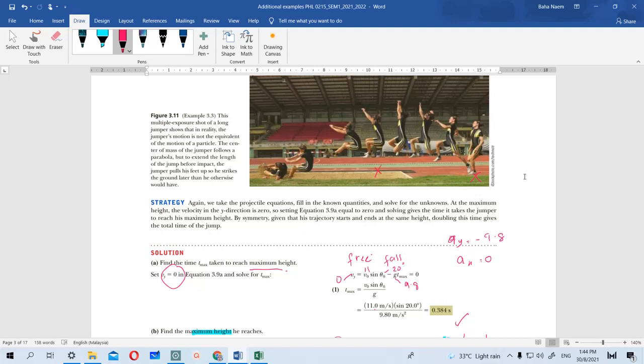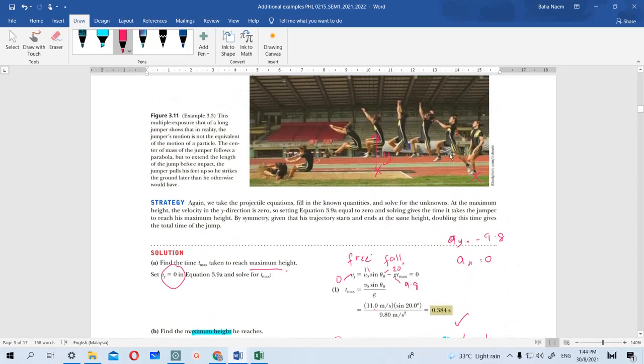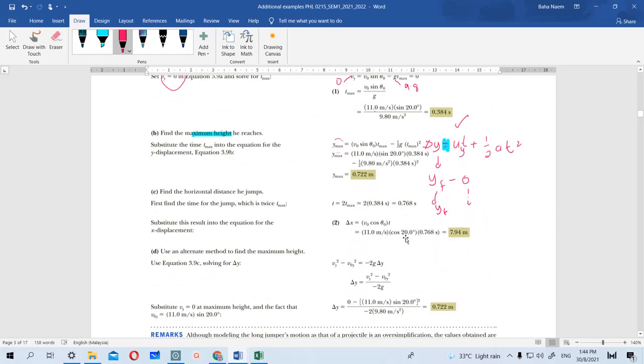And hence, you should be getting h, a y value at this location. So t just now, 0.384, is the duration from here up to here. Therefore, you will be getting y final at this location. And the solution is 0.722 meter, the same solution that you get from the earlier version.